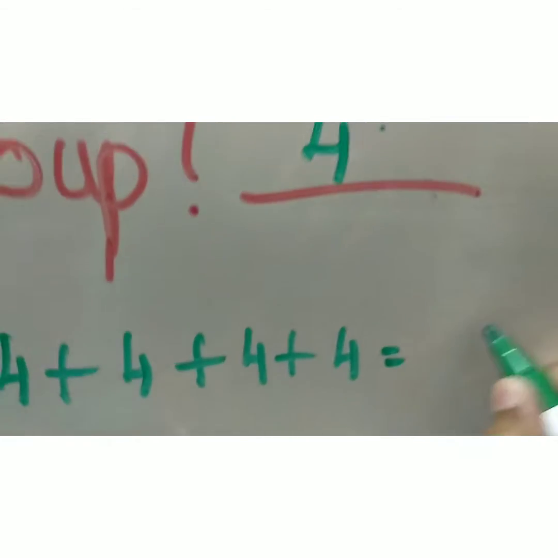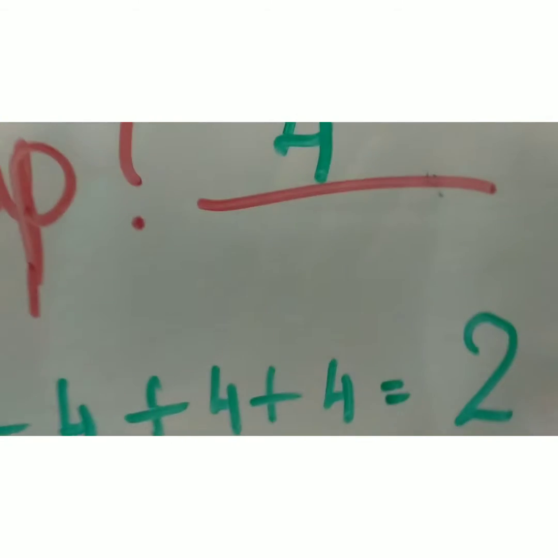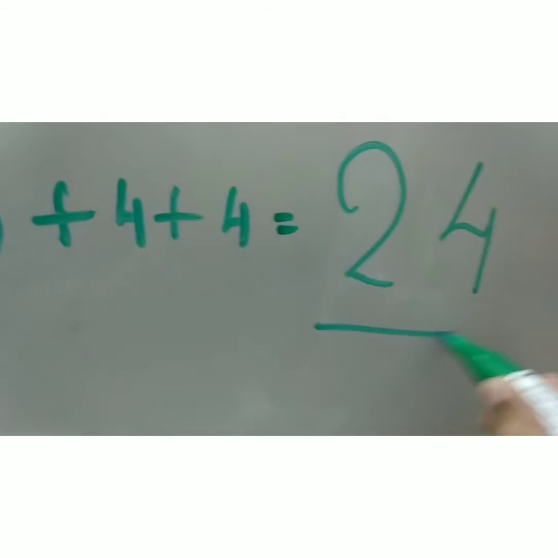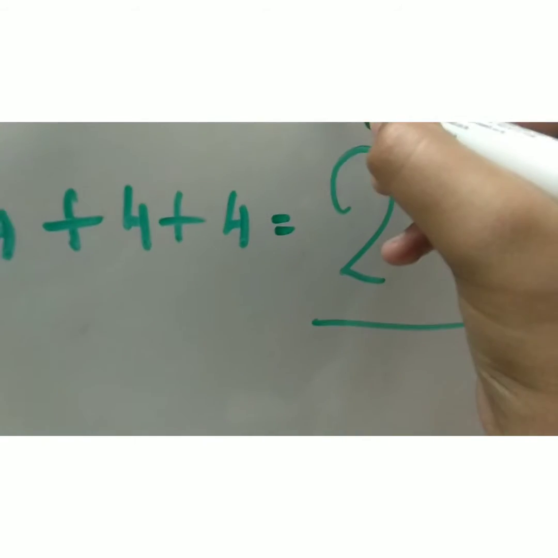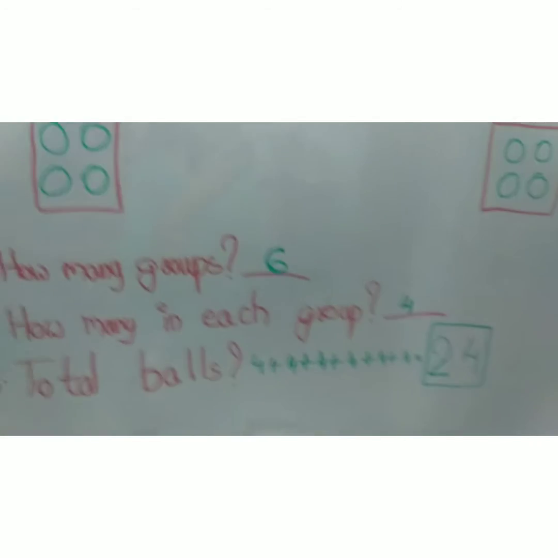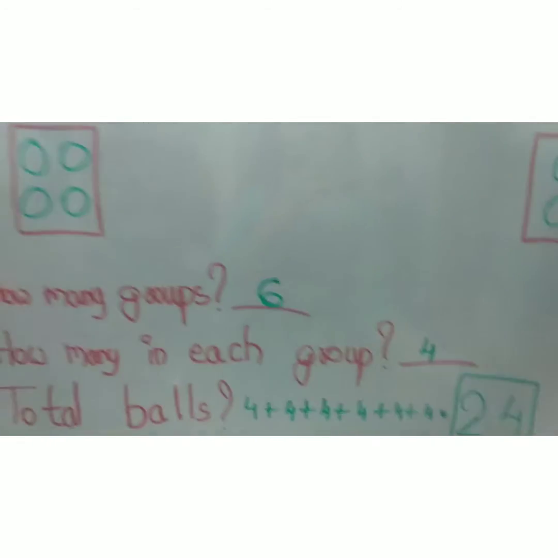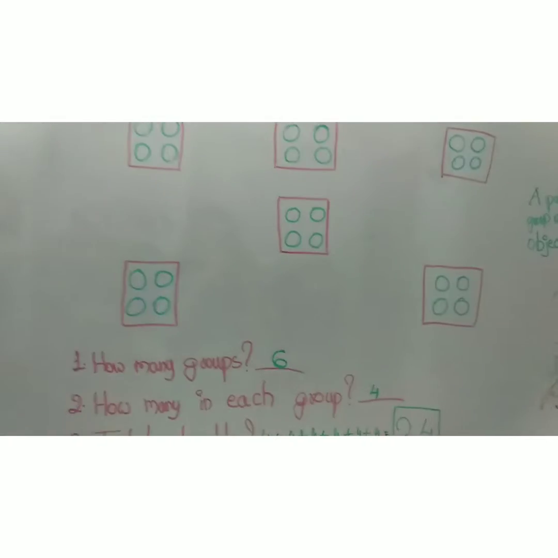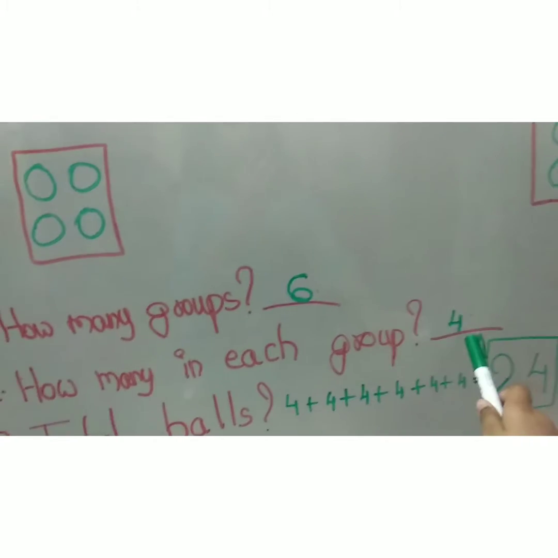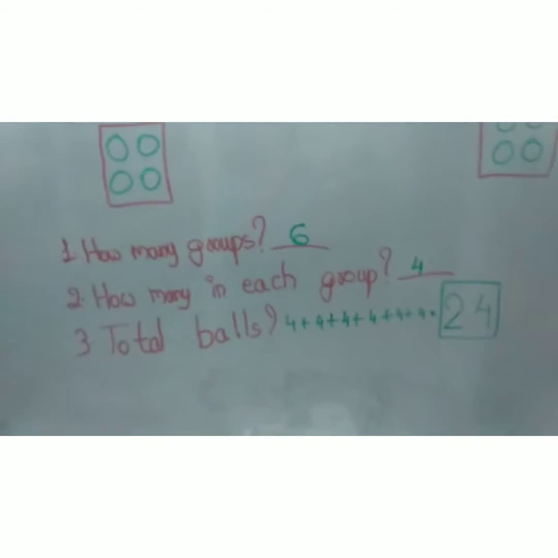So, there are a total of 24 balls on the board. Total 6 groups. In each group 4 balls. 24 balls.